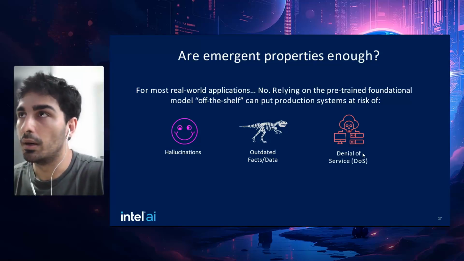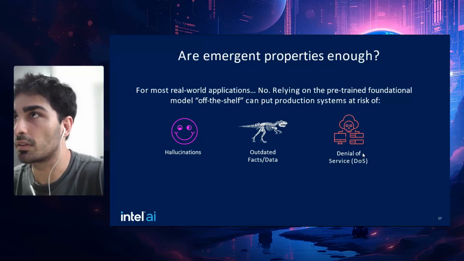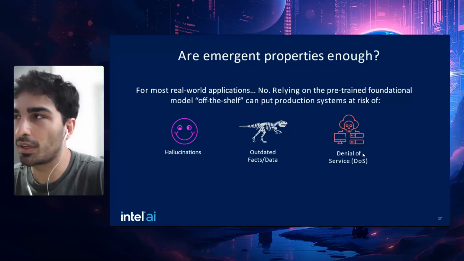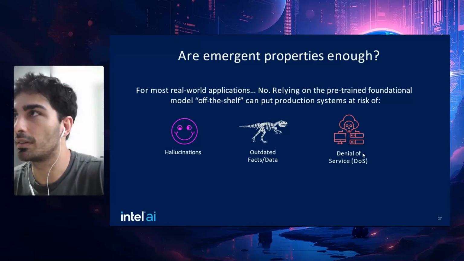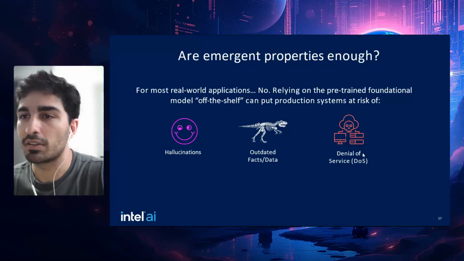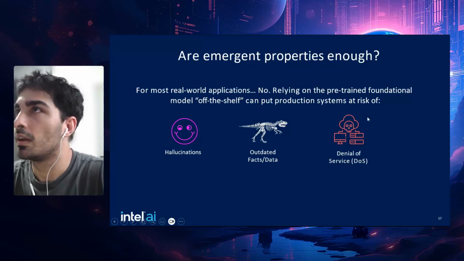So we don't want to base our business on this data that they use. And sometimes you also get DoS, denial of service. So we cannot always rely on the service of those companies.